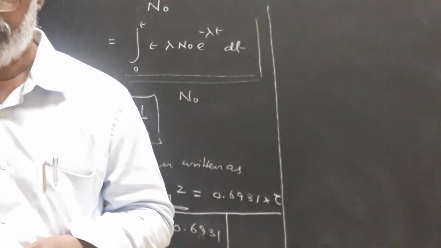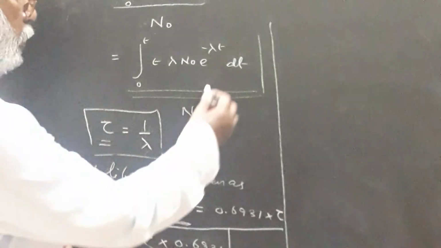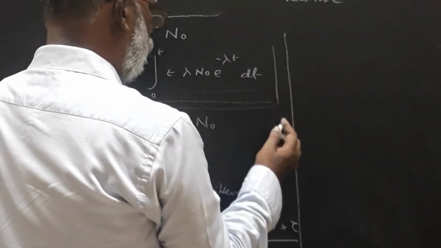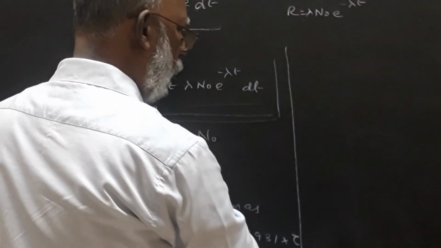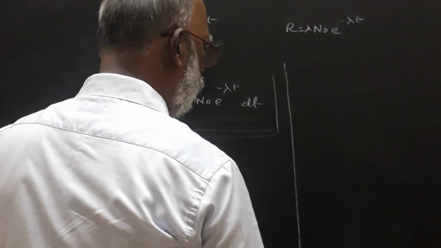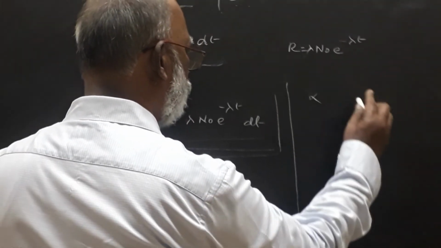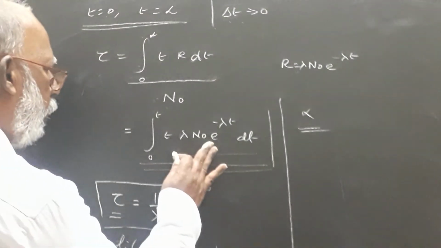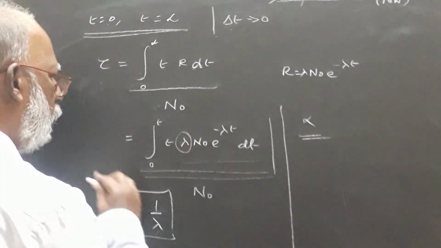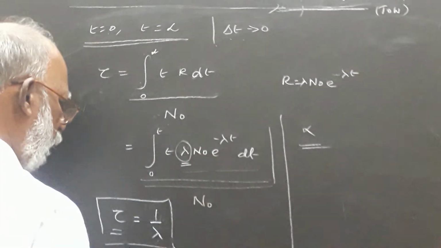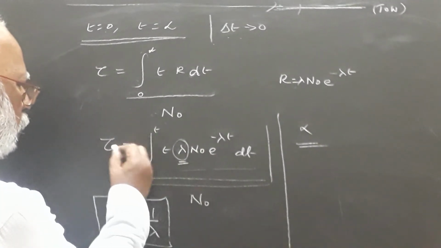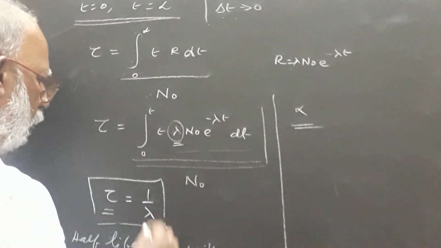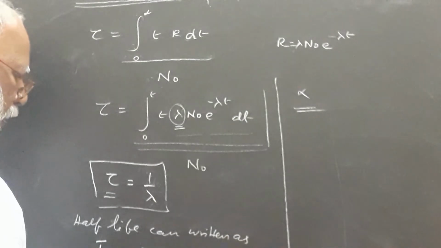I hope you are not bothered about these steps. I can explain, but I think it is very difficult to understand the concepts as explained in your textbook. That's why it is not essential for your examination also. Simply think about lambda, then tau is the reciprocal of this value, 1 by lambda, that's the answer.